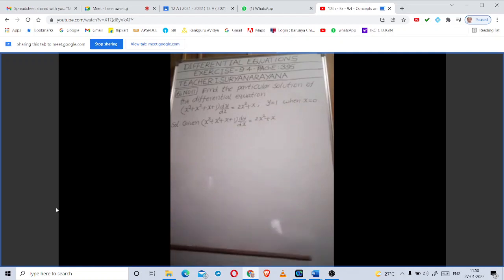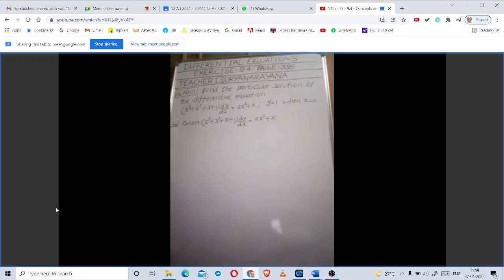What is the question here? We have to find the particular solution. In the previous questions, we found general solutions of the differential equations. Now we have to find the particular solution of the given differential equation when y is equal to 1 and x is equal to 0.